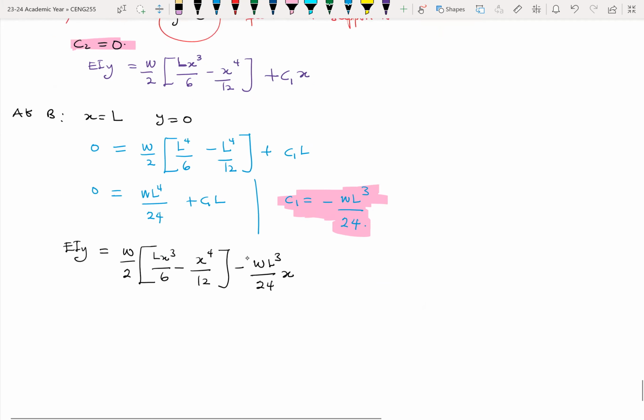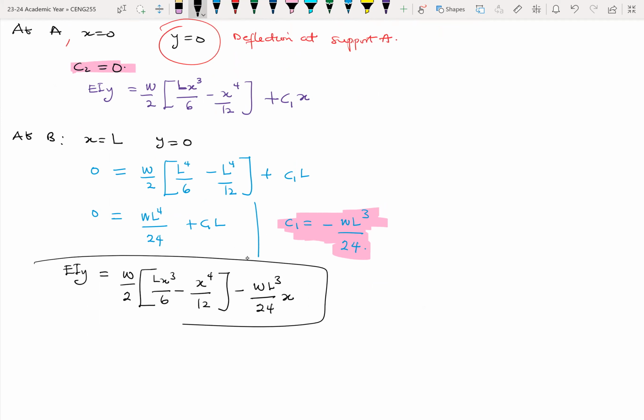All right. So now this becomes an equation with which I can find the deflection at any point along the beam.